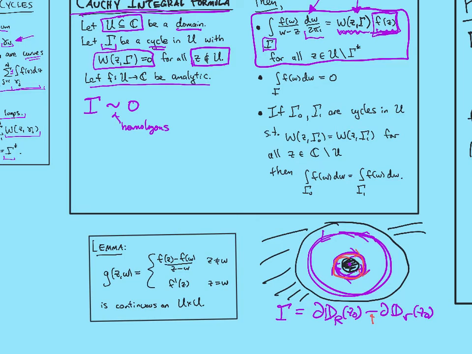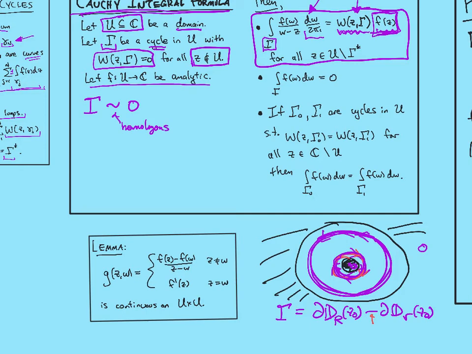So on the inside, the winding number with respect to this piece would be -1, then its winding number with respect to this piece would be 1. So inside it winds around points 0 times, and then out here it's winding around stuff 0 times.